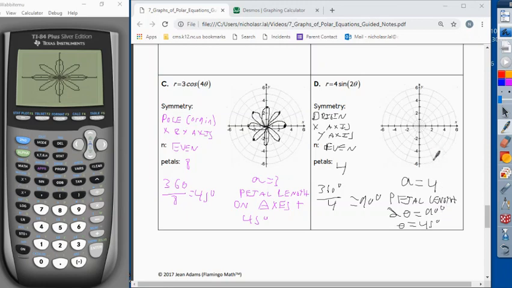So when we graph our petals now, we're going to go out 4, and we're going to be on the 45 degree line. So we're going to go 1, 2, 3, 4 units. Then you draw your petals.